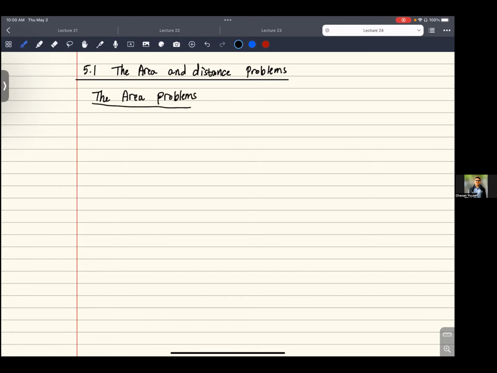So for example, if I ask you a question like this: find the area under the curve, this one.